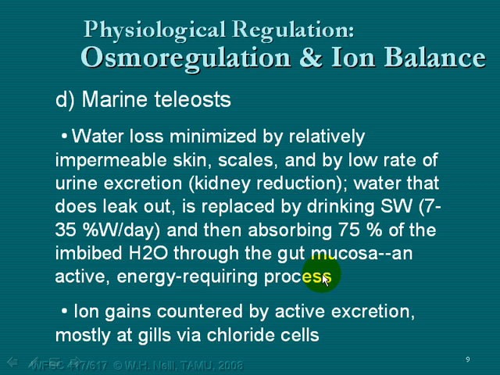They lose their water anyhow, though, mainly through their gills, and they replace it by a combination of drinking seawater and by actively excreting ions at the gills through chloride cells.